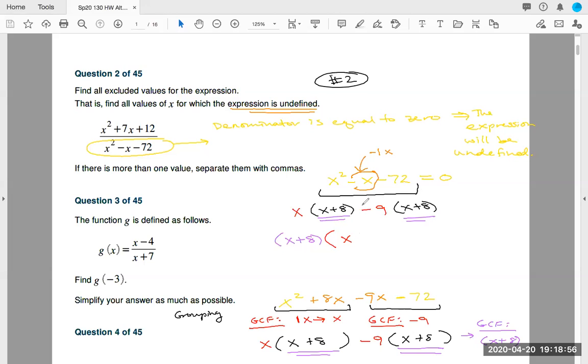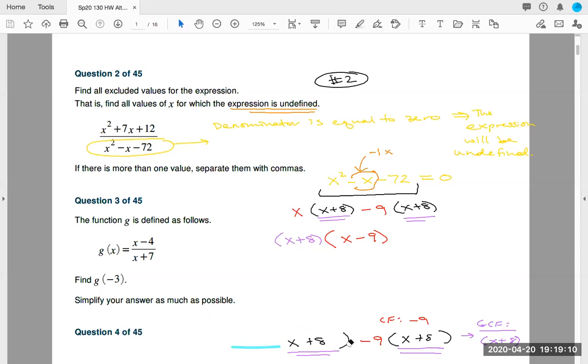And I take this whole term and I divide out x plus 8, I'm left with -9. Okay. So we just went over factoring by grouping for a trinomial. Now, that was just the expression part over here, right? We still had this set equal to 0.